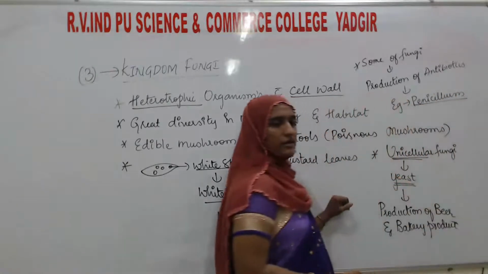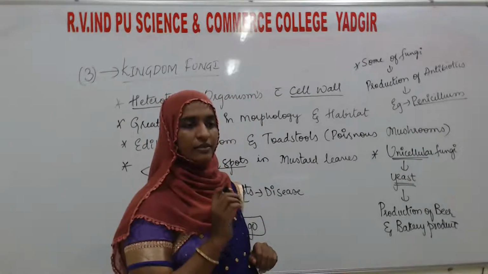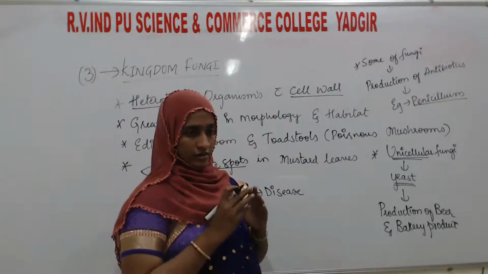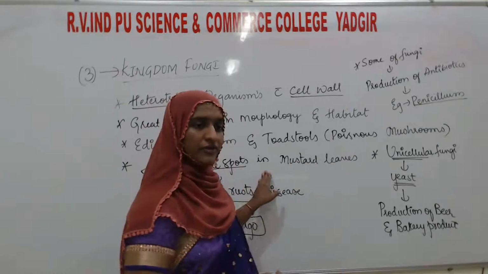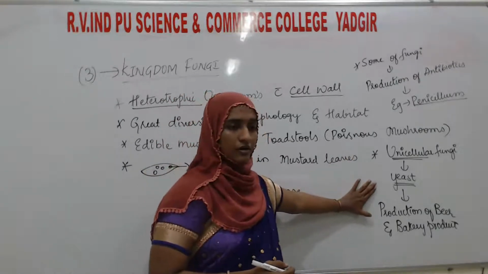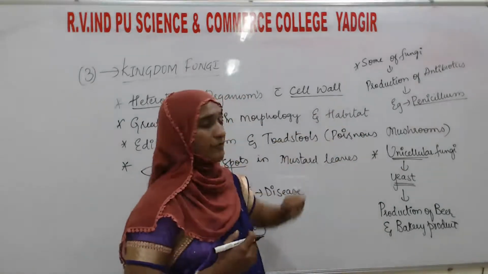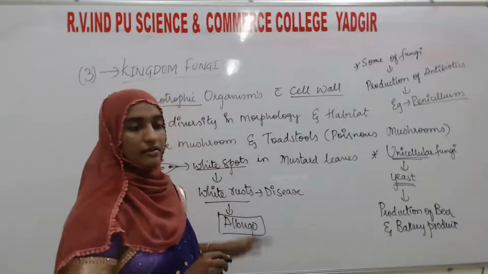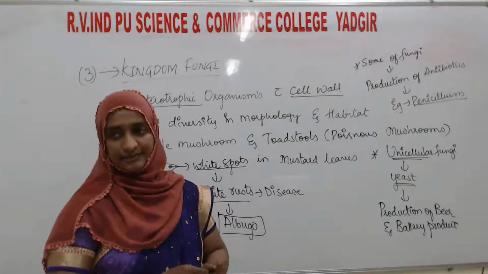Penicillium is one of the fungi which is used in the production of antibiotic, and the name of that antibiotic is penicillin. Some of the fungi are poisonous, some are edible. Some of the fungi will cause diseases. Some will be used in the production of beer and bakery products. Some are used in the production of medicines, or as you have written, they are parasites, means they are going to cause diseases.